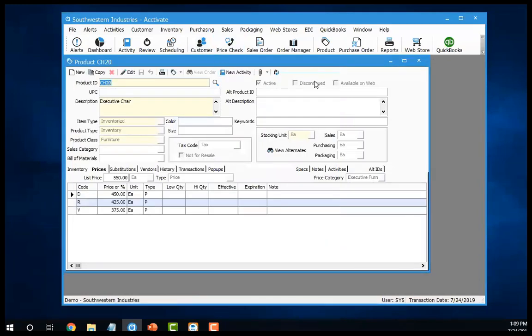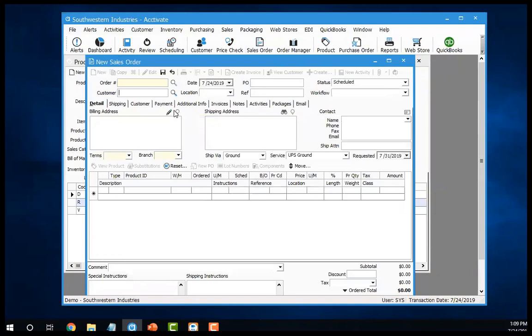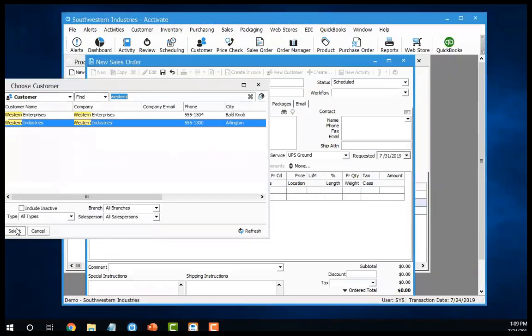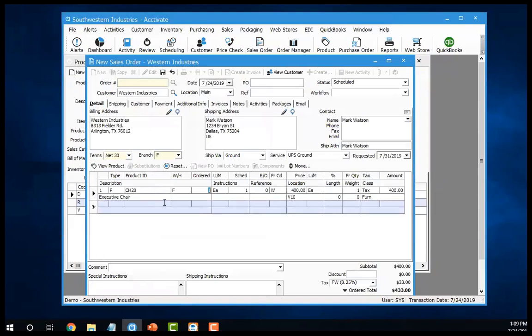So now I create an order for Western Industries, and we add our product. It's going to come up with W as the price code.